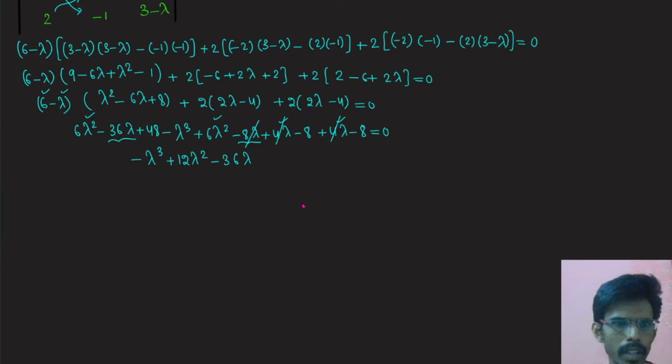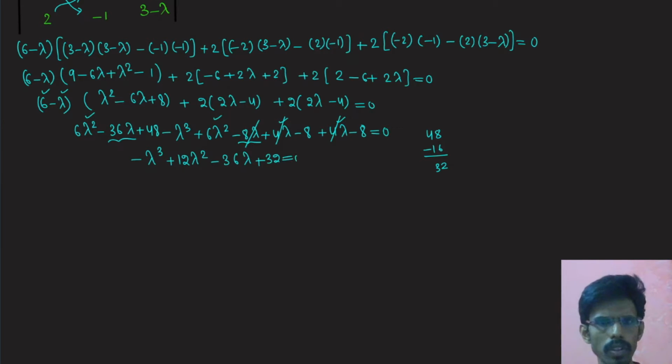Then we have the constant term, 48 is there, next after 48 we have 8, 8, 16. Now we have the constant here, that is 48, then we have minus 8 and 16, so 48 and minus 16 gives 32, so we have 32 plus 32 equal to 0.